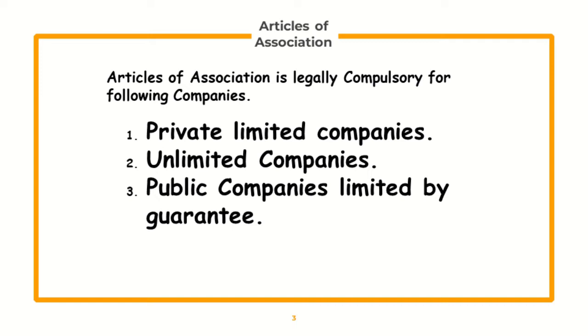For any company, remember, if you buy shares of a company or subscribe for debentures or whatever it may be, it is nothing but a contract between you and the company. So whenever you are entering into a contract with any company, you have to see these basic documents: memorandum of association and articles of association.